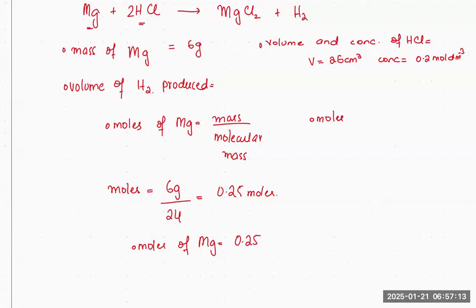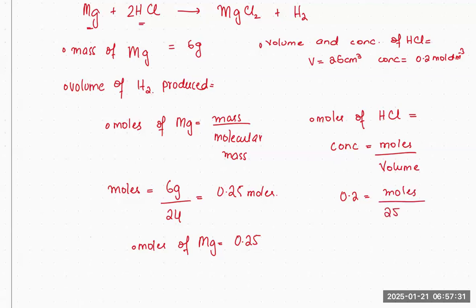Concentration is equals to moles over volume. The concentration is 0.2. The volume is 25 centimeter cube, so divided by 1,000. So the moles are going to come out as 0.005.